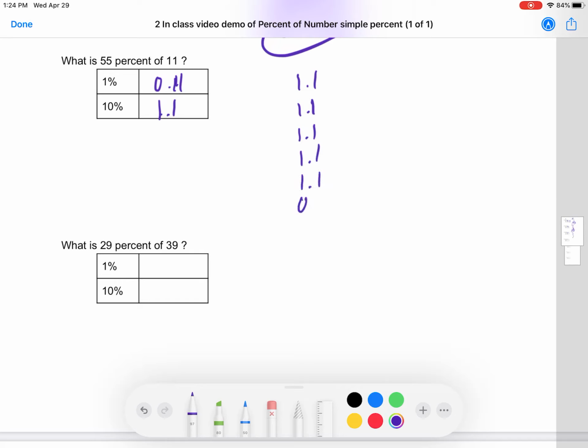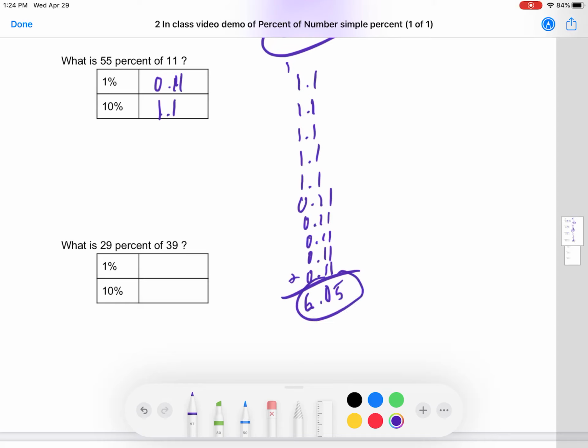Here's the 1%, 2, 3, 4, 5, right? And we'll just add those all up. All those ones, we got 5. Then we have 1, 2, 3, 4, 5, 6, 7, 8, 9, 10. Carry that 1, 1, 2, 3, 4, 5, 6.